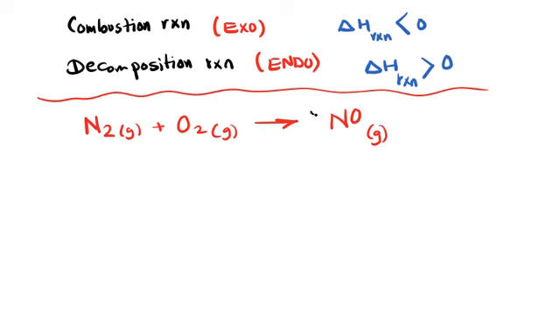And let me balance that one as 2 nitrogen monoxide. Delta H for this particular reaction is positive 183 kilojoules.